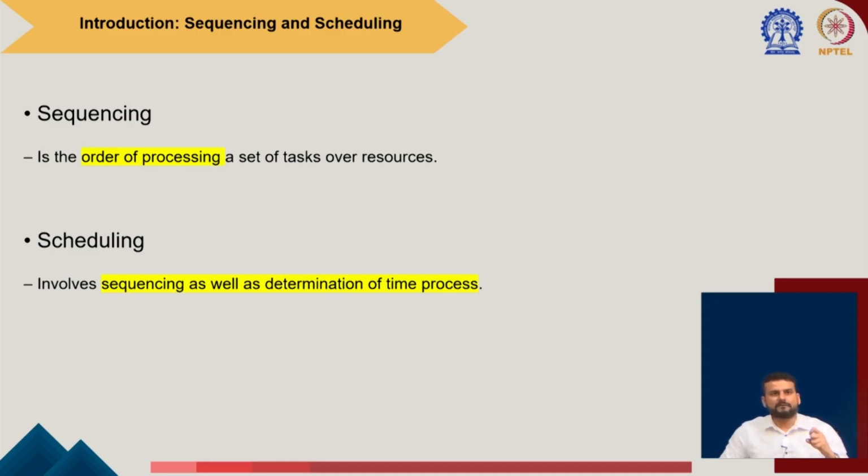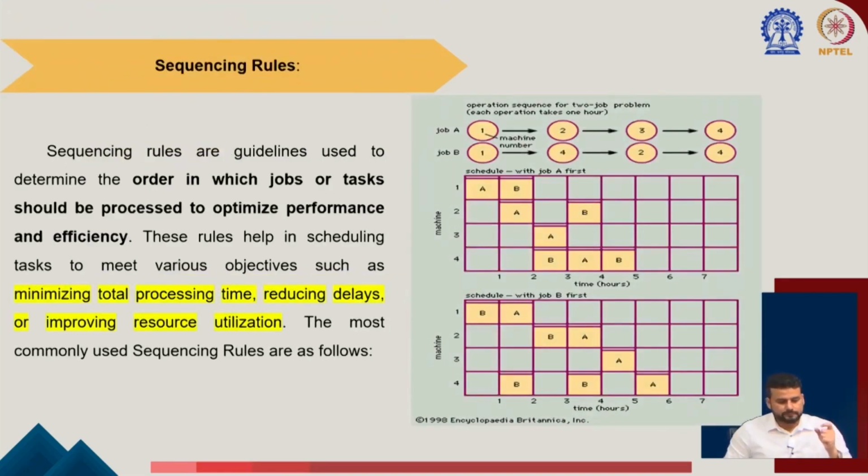In the first part, we will talk about only sequencing these tasks over one workstation, right. So, these guidelines are used to determine the order in which the jobs or tasks should be processed to optimize the performance and efficiency. Obviously, this is the main objective, that the efficiency should be higher, right, and optimally we should use the resources.